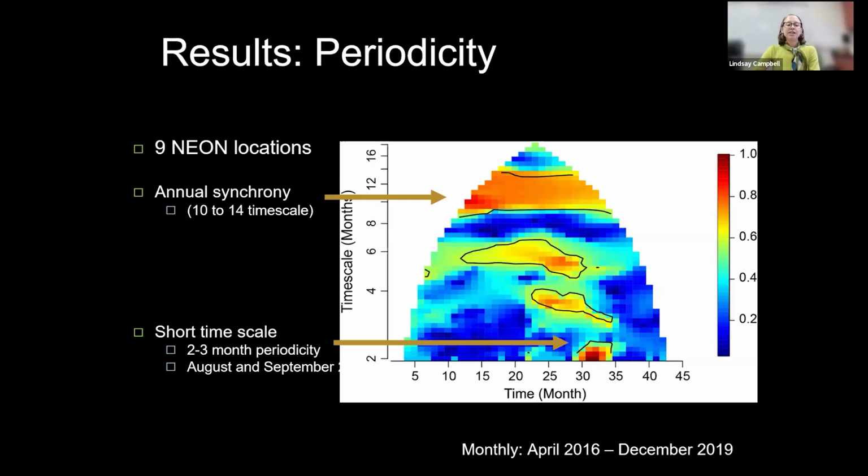So really here it was more over this 10 to 14 month time scale. And then we also saw this area at about the 30-month mark or so, where there was just this little blip of synchrony down at about the 3-month time scale. And so this was just an isolated event.